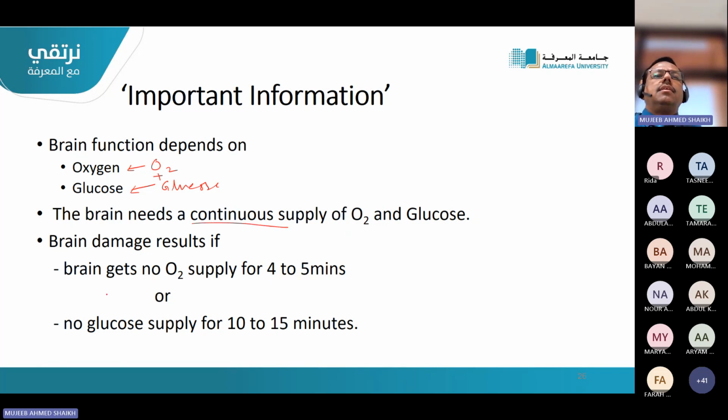If there is stoppage of oxygenation, maybe you stop your breathing for around 4 to 5 minutes, the brain will get damaged. Also, if the glucose supply is not there or hampered or stopped for 10 to 15 minutes, again the brain will get damaged.